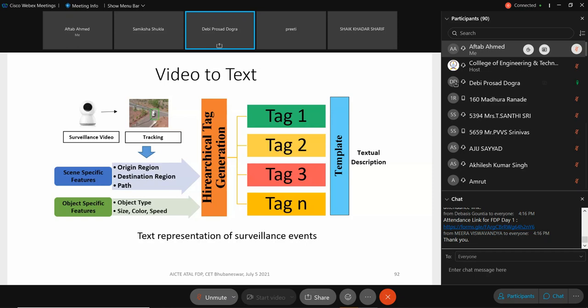But why do we require it? Because essentially our objective is to do something like this. It's video to text. So given a video, we want to generate the textual description of the video. That is the ultimate objective of a surveillance application. You have been given a video, and you'd like to generate the typical textual description of the video.